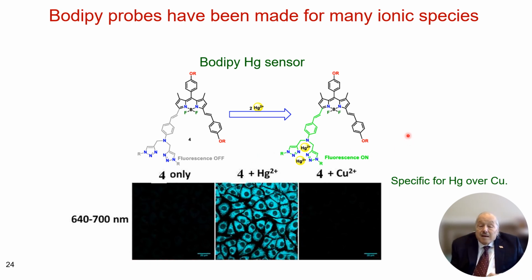And not only has avidin been used for just plain labeling, many biotin probes have been made for many ionic species, and I just listed one here. One is rather an unusual one. It's a probe for mercury. You have the biotin moiety here, the chelator for mercury here, and when you put these into cells, you find that without mercury there's no signal.